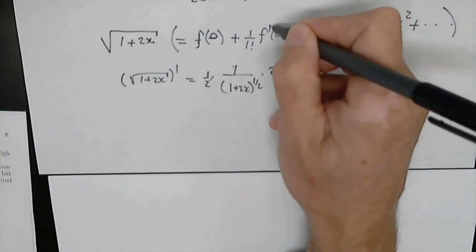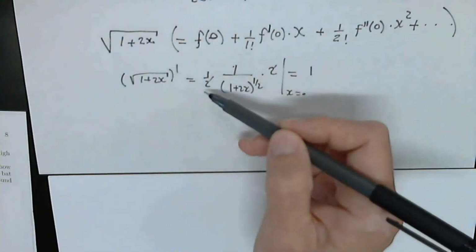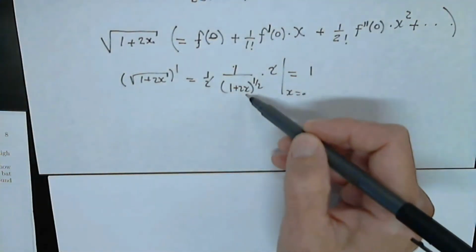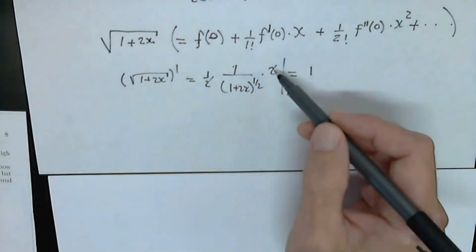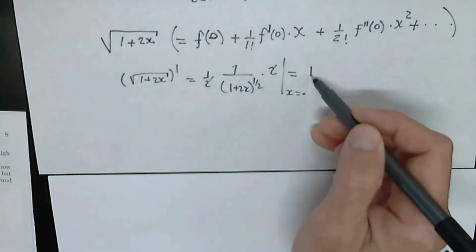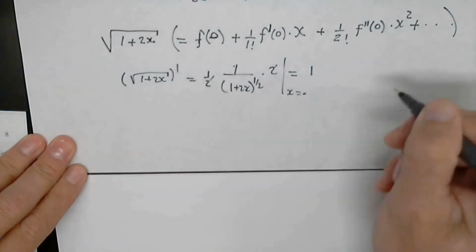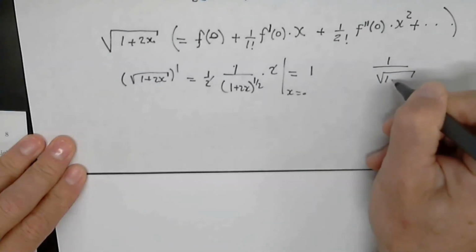So the first derivative of the square root is 1/2, so the 1/2 goes to the front, and 1/2 minus 1 is negative 1/2, so it's at the denominator. But when you evaluate this at 0, the derivative of 2x is 2, so this cancels, and the square root of 1 is just 1.